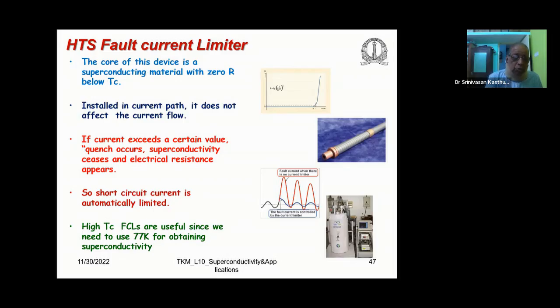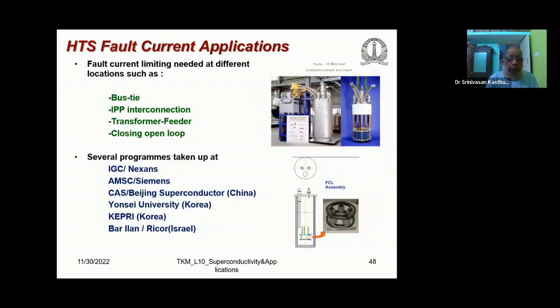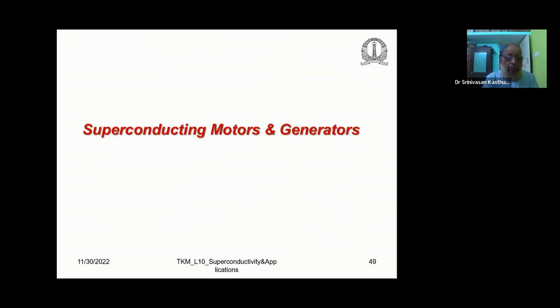That's the advantage of using HTS fault current limiters. The applications are in locations such as bus tie, IPP interconnection, transformer feeder, closing open loop, etc. There are a number of programs taken up by Nexans, Siemens, Beijing superconductors, Korea, also many places, and Israel. Rico also is one of the companies where fault current limiter development and applications are taken up.